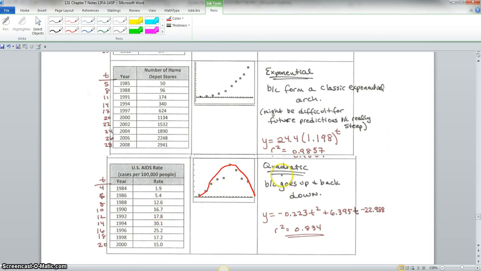Okay, so it's quadratic because it goes up and back down. So we could put these values in our calculator and get the quadratic regression, which we will have here. And our R squared will be 0.834, which is still very close to 1.